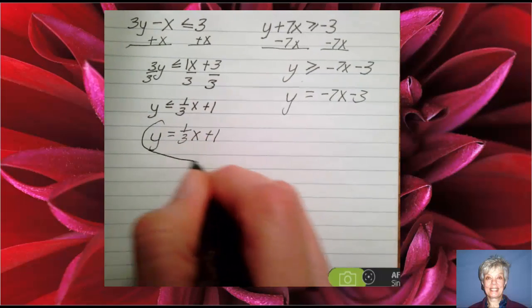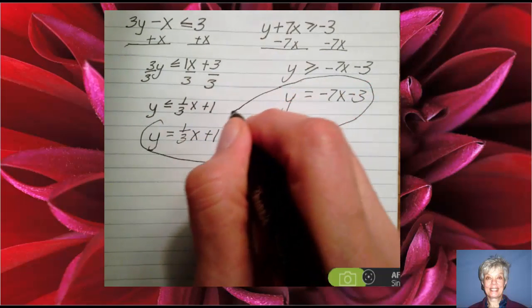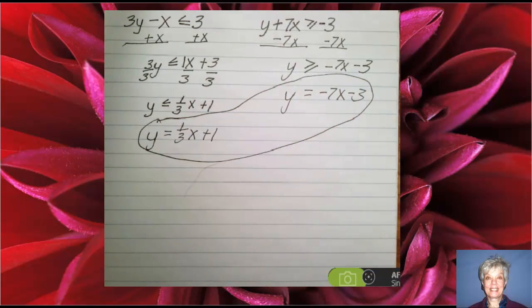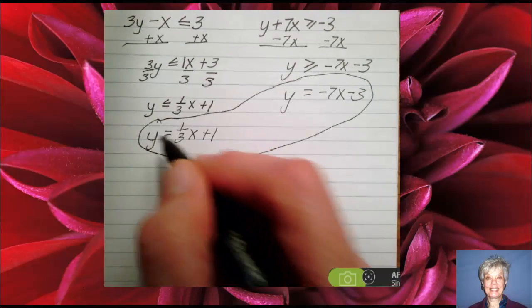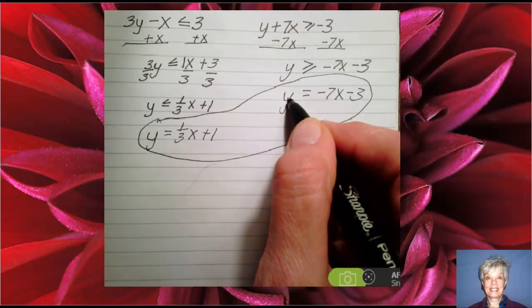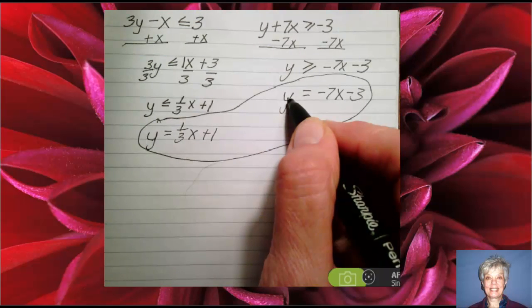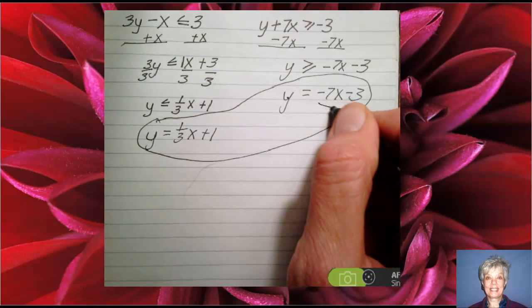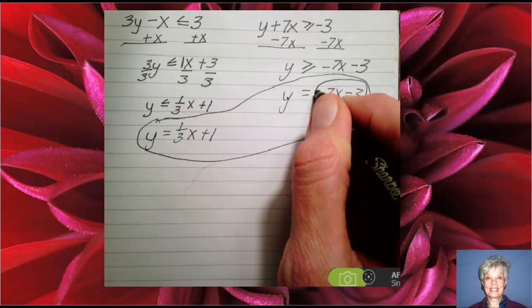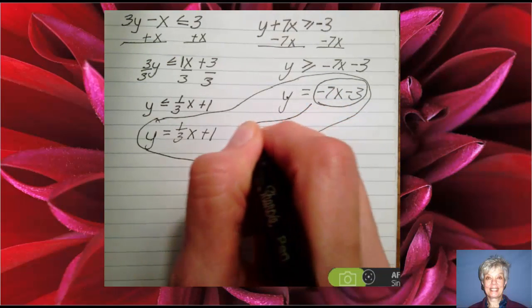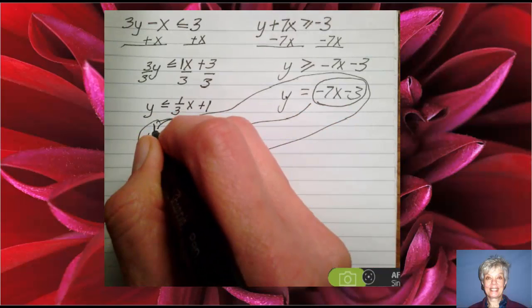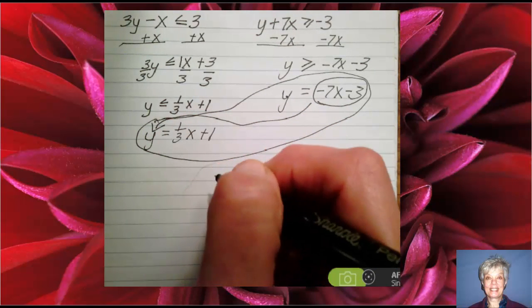And now I have a system of two lines. And how do we solve systems? We use substitution or elimination. You can do either one, but considering that we have y solved for in both of these, it would be very easy to use substitution. I could take this down here and put it in for that y right there.